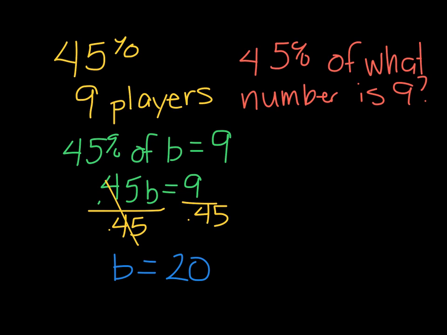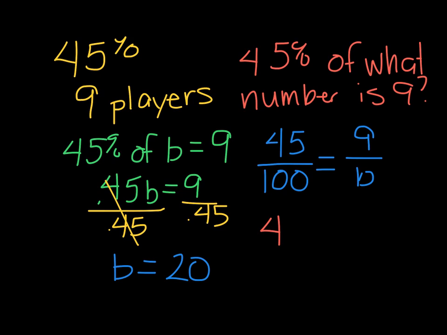The other way to do that would be to set it up as a proportion, which would be 45 out of 100 equals 9 out of, how much is that whole group? We don't know. So we'll make that a B. That's our base, the group that we don't know. So then we just cross multiply.